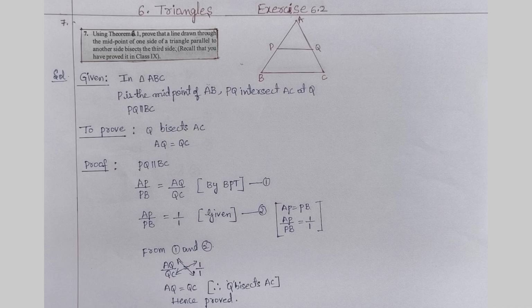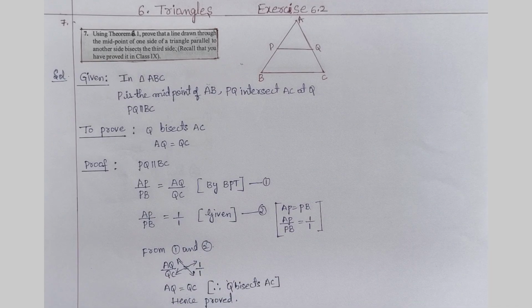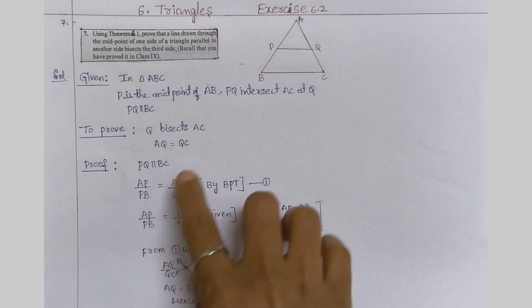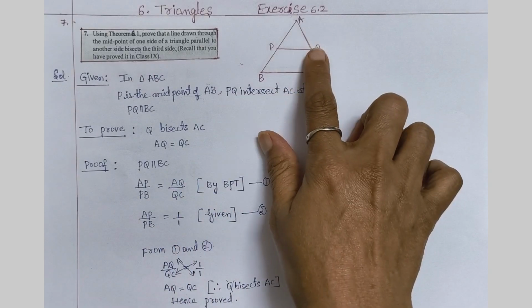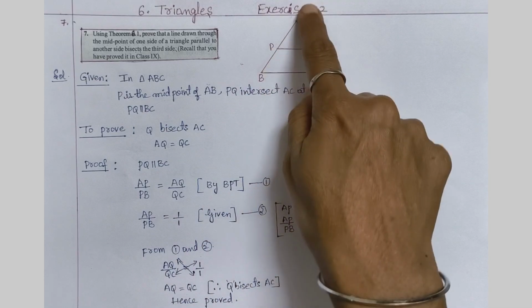Now see here, in this one we have to write the given, to prove, and construction. What is the given? What is there in the question? That is the given. In triangle ABC, P is the midpoint of AB.